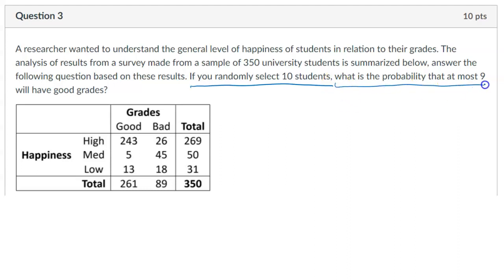The following question is, what is the probability that at most 9 will have good grades? If I select 10 students, before we had like 20, but all 20 will be good grades. Now, if I select 10, what is the probability that at most 9 will have good grades?